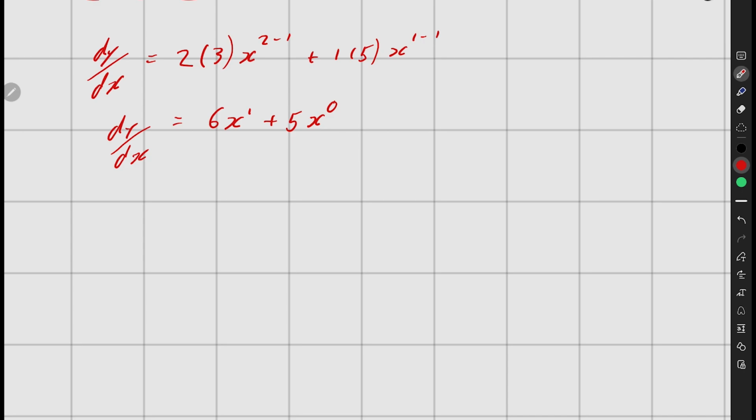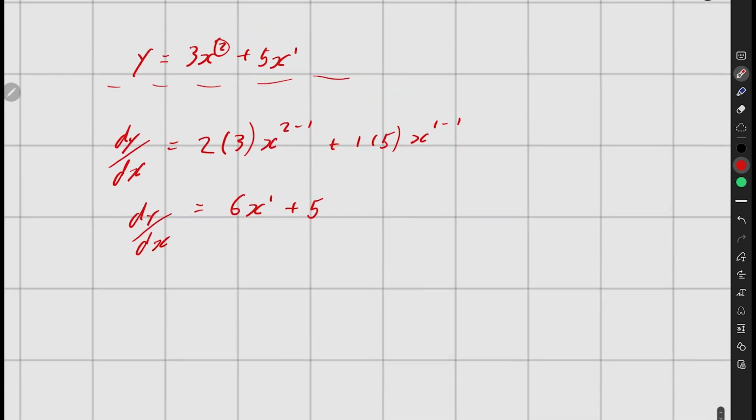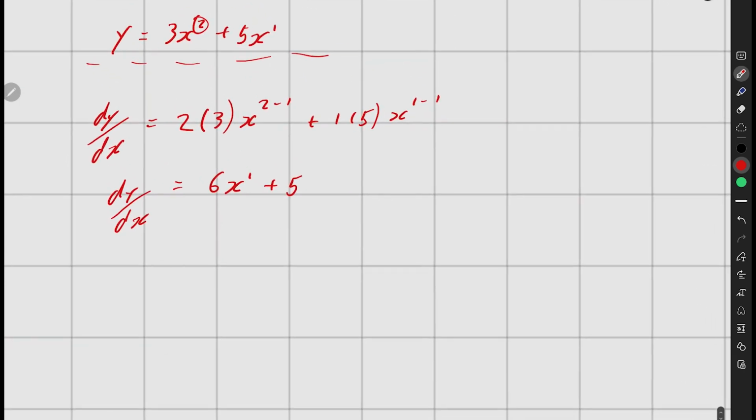Anything to the power of 0 is just 1. So we're going to have 5 times 1, which is just 5. And that's the derivative of this function. This is as basic as it gets. So this is your power rule. And what you need to remember with your power rule is you're always going to be multiplying by the power out front, and then you're going to be taking 1 from the power.